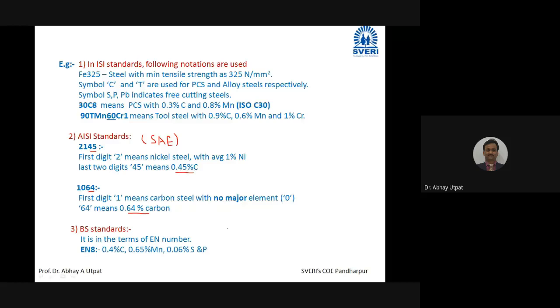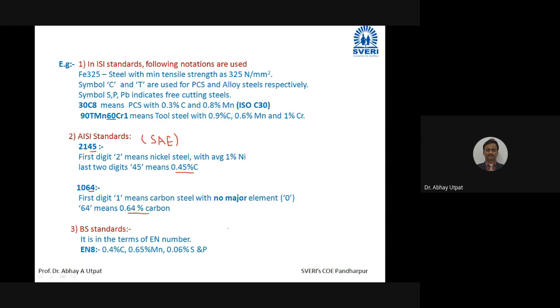At that time, there was a requirement of weapons and tools. A lot of developments were going on. So a number of alloys were produced by the British people. Every time, how to give a name? Every time it is not possible. So by trial and error method, I have produced this alloy. I found that it is very suitable for rifles, for example. So they decided on one code, that is EN.